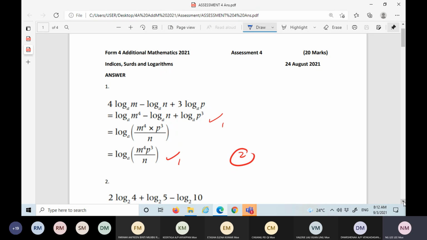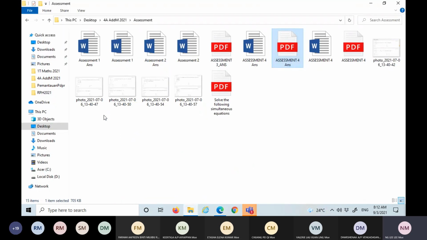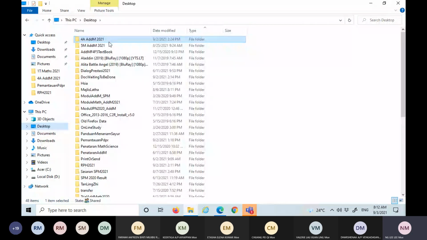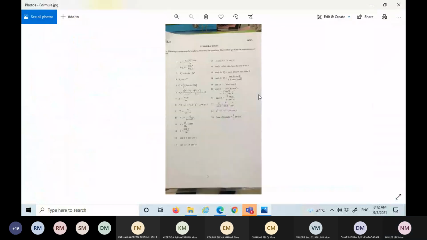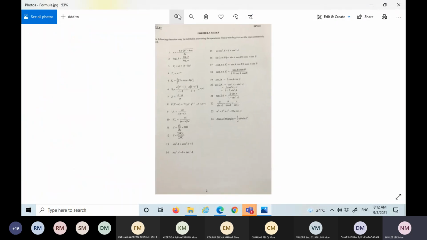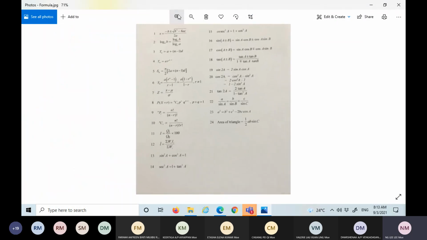You have to know what formula you have. I don't know whether this is given or not. Let me check. I have to go to Form 5. I think it's given. Okay, the formula. But the day I didn't give you.